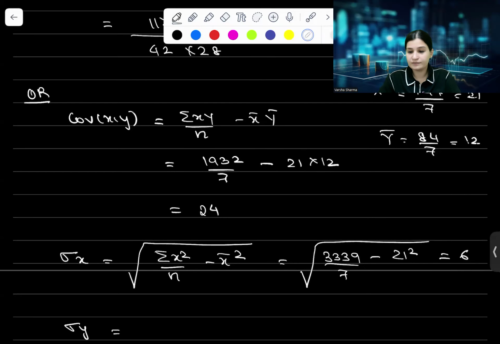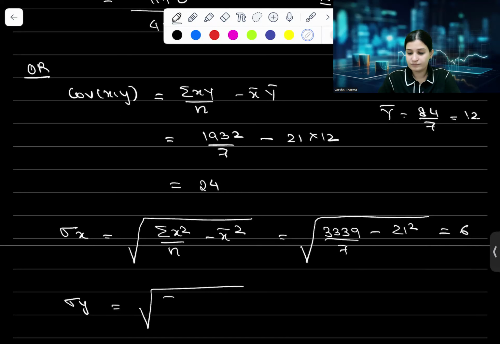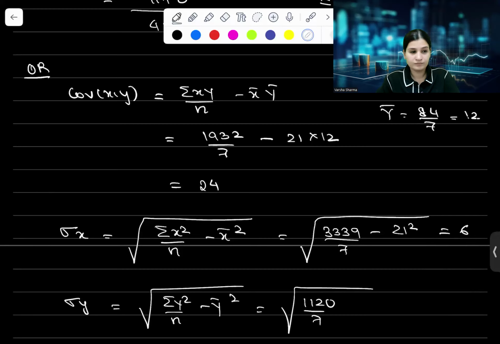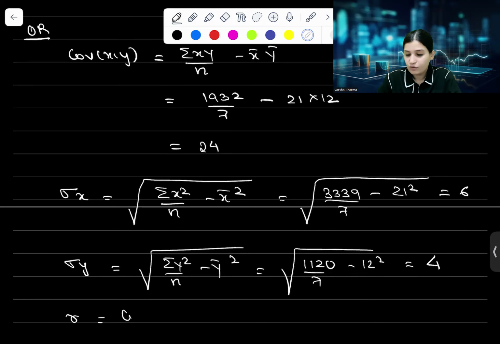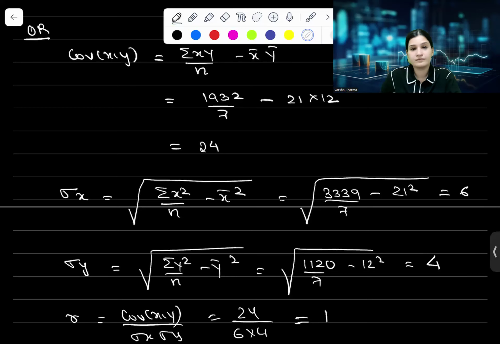Standard deviation of y is 4. So r will be covariance by product of standard deviations: 24 by 6 into 4, that is 1.